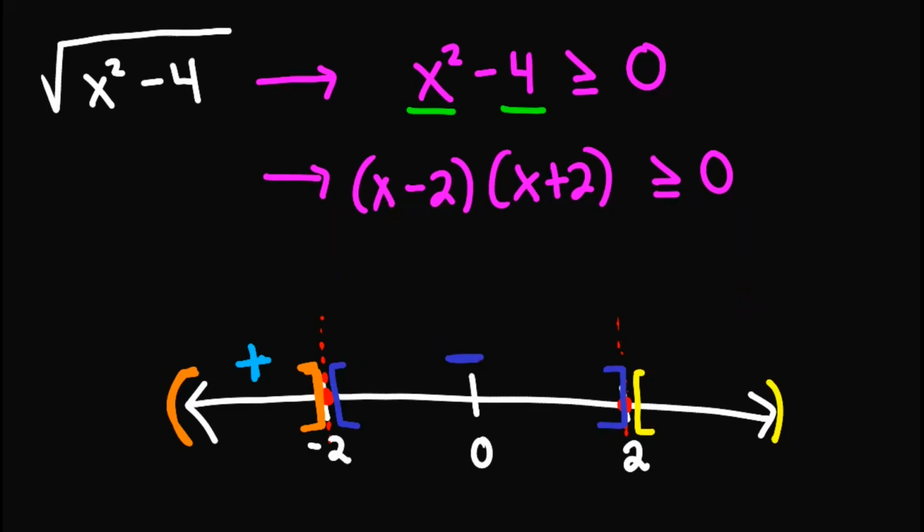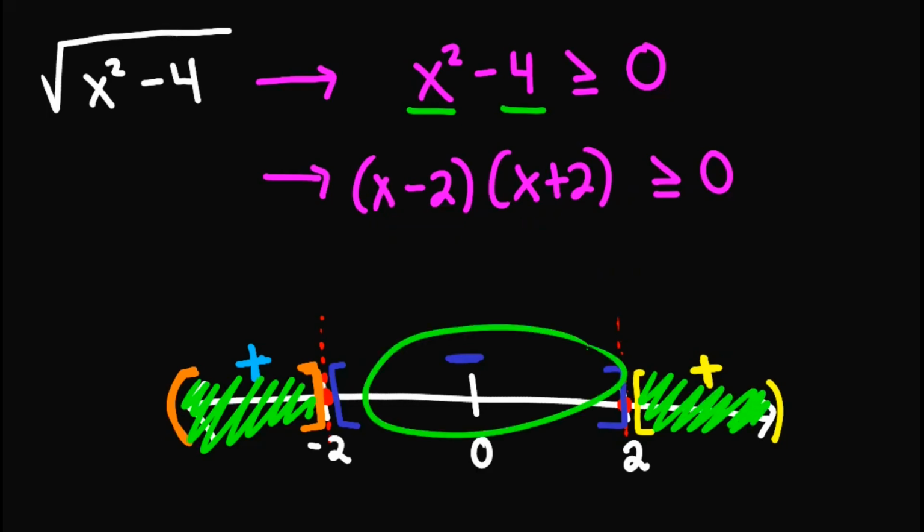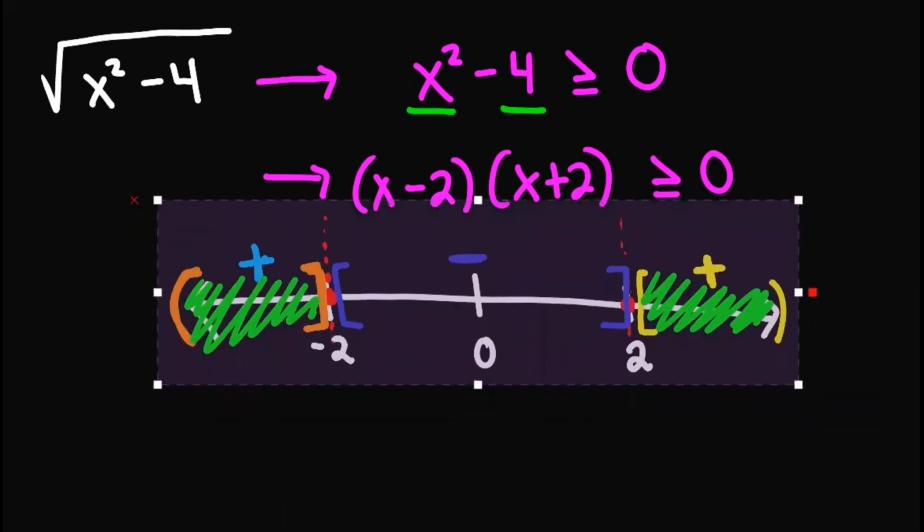So we say that in this region we'll have positive. And since we're dealing with values that are greater than or equal to 0, then we know that the valid intervals in this case are this one out here and this one out here, since the interval in between will give us a negative value.